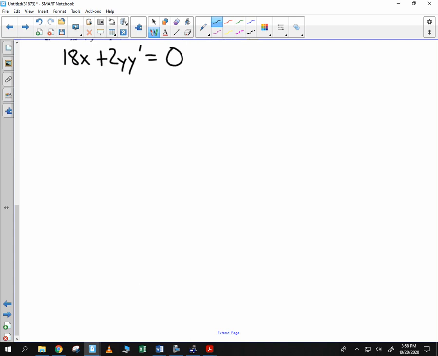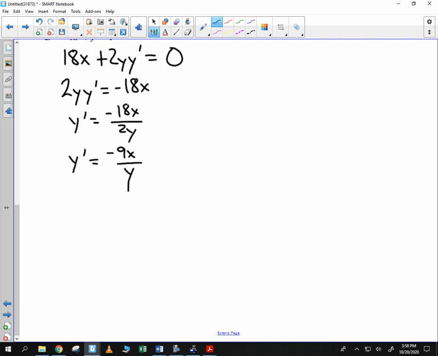As I subtract the 18x, I get 2y, y prime is equal to -18x. Divide by 2y: y prime is equal to -18x over 2y, or y prime is equal to -9x over y. That's y prime.